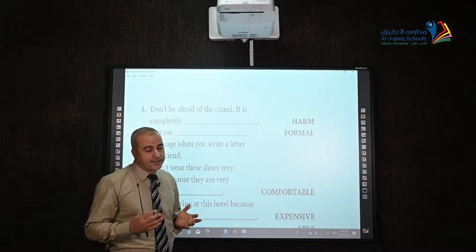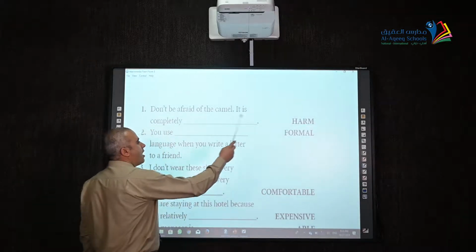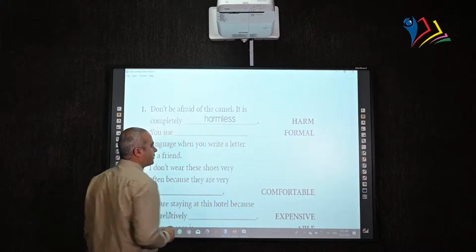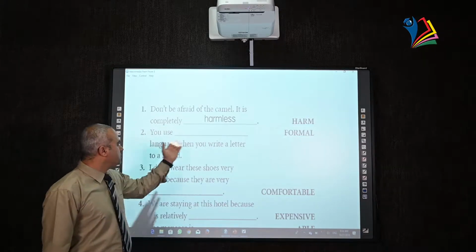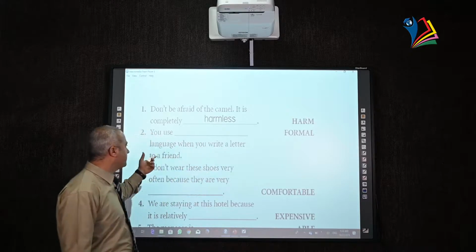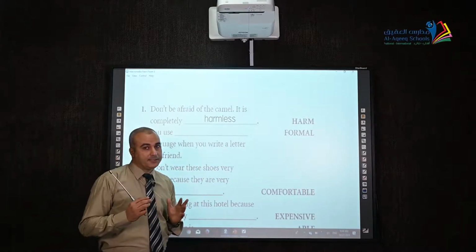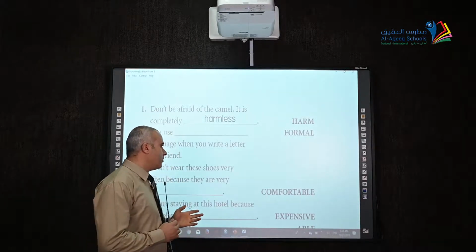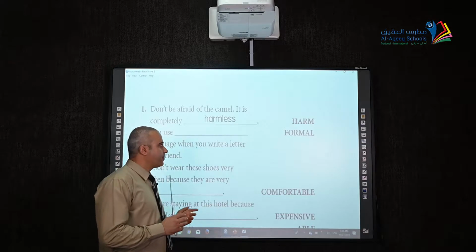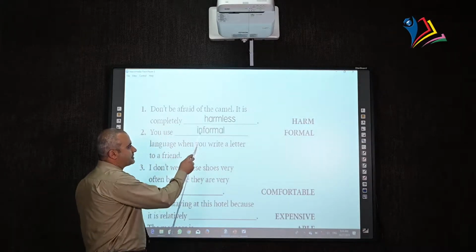I want to say the camel doesn't cause any harm, so we say harmless. Okay. After that, number 2, we use informal language when you write a letter to a friend. We all know that when we are writing letters to friends or family members or any person of our own age, we write informal letters. Informal. We use the prefix in.